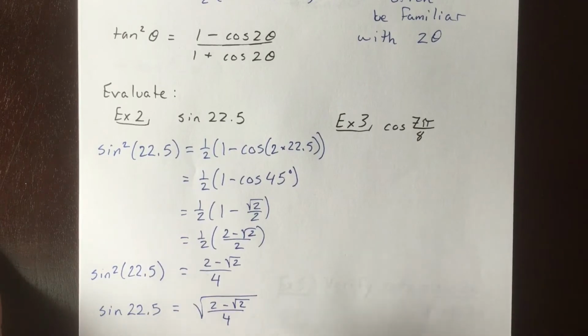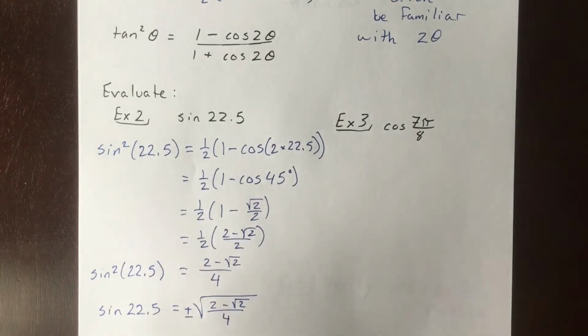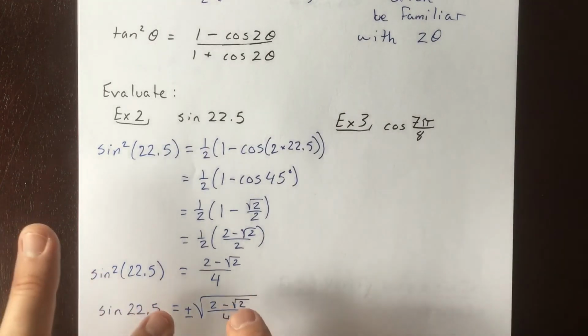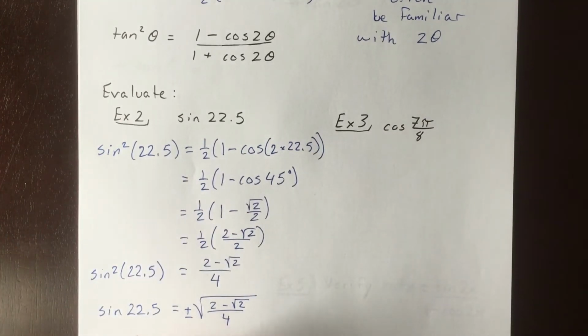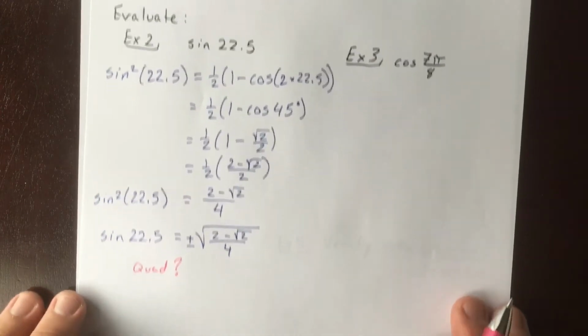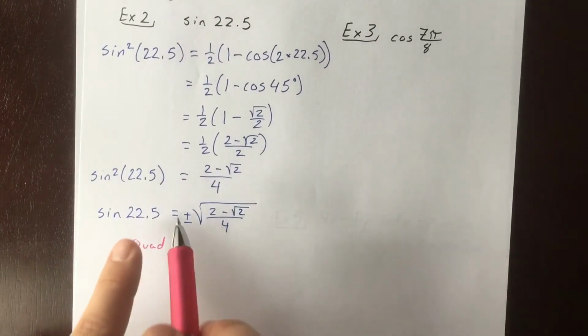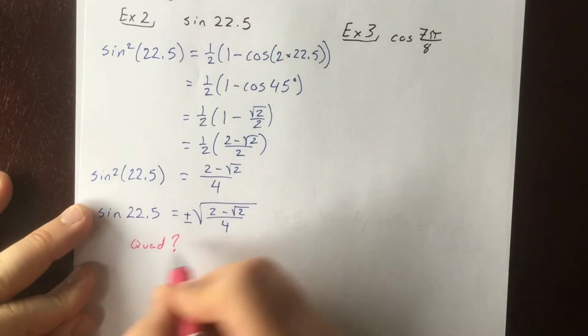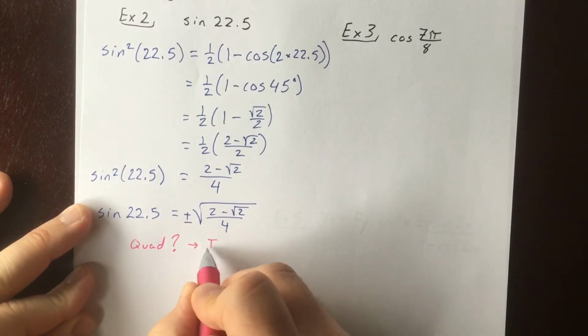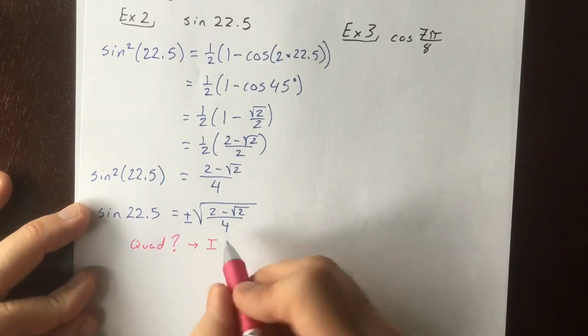We have positive and negative being the square root. We have to think right now, what quadrant are we in? For sine of 22.5, we are in quadrant 1.